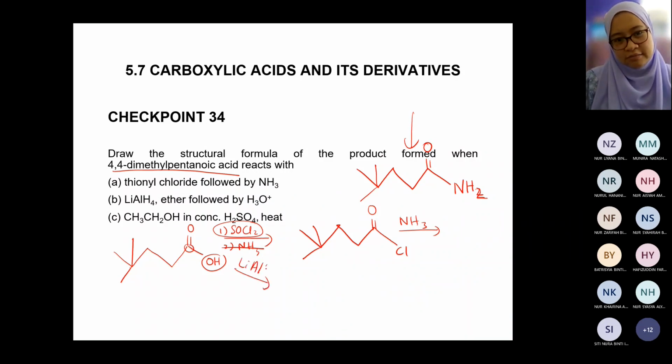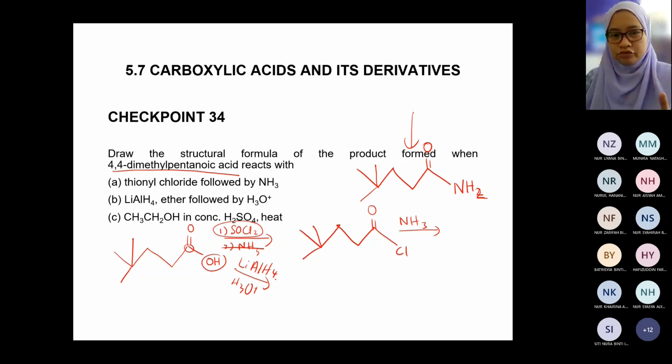Okay, B. Lithium aluminium hydride, and then H3O+. Identify dulu. This is a reduction reaction because the carboxylic acid is being reacted with a very strong reducing agent.